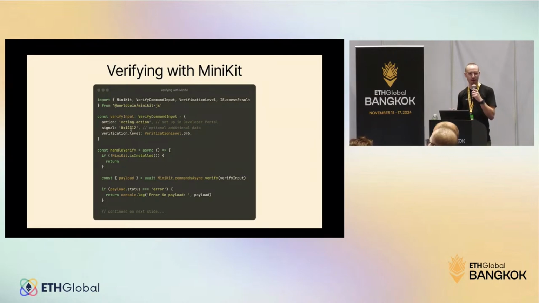As an example of what you might actually use that signal for, if your user is, say, voting on a poll in your mini app, that signal might be which poll option they selected, because that signal can't be tampered with between when this verification is generated on the user's phone and when that proof is later verified with our developer portal API or with our smart contracts on chain. So it's optional, definitely not required, but useful in a lot of circumstances.